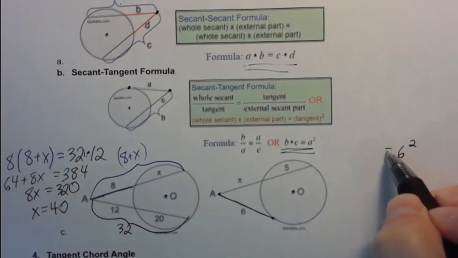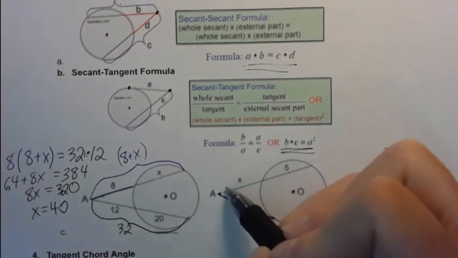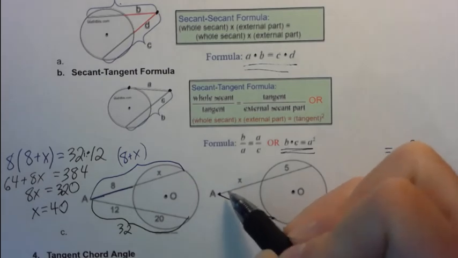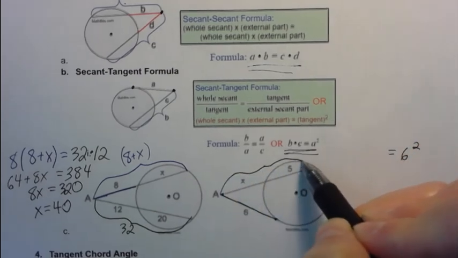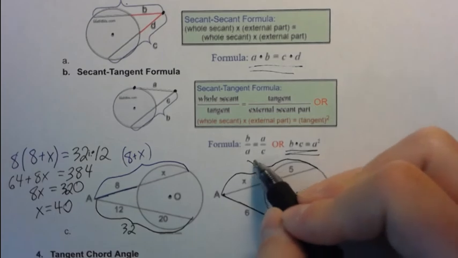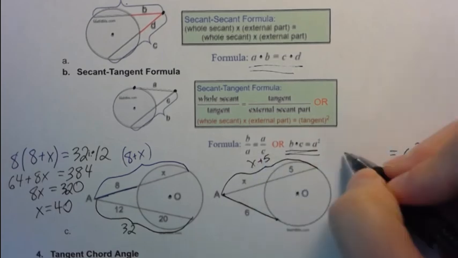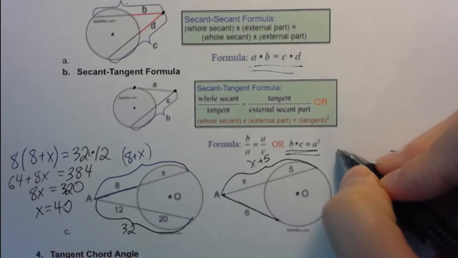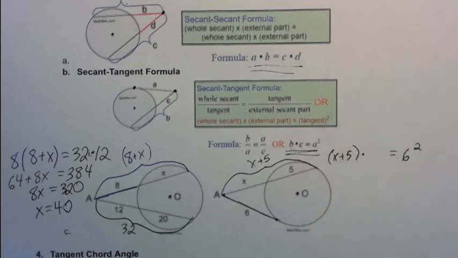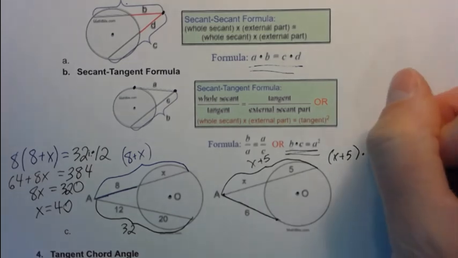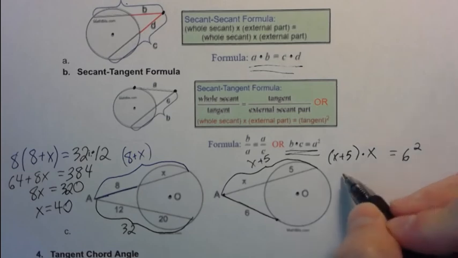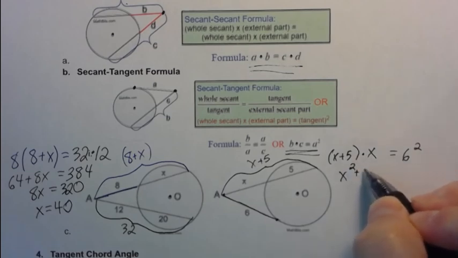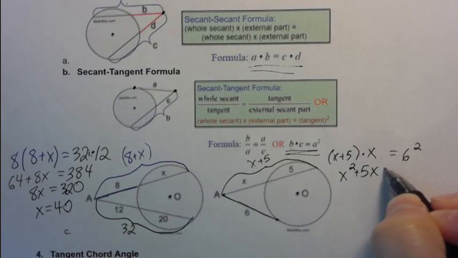And that is going to be equal to the whole thing, so we'd have x plus 5 being multiplied by the external part, which in this case is x. So a little bit more challenging here. We have x squared plus 5x is equal to 36.